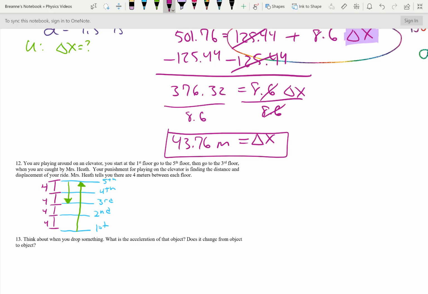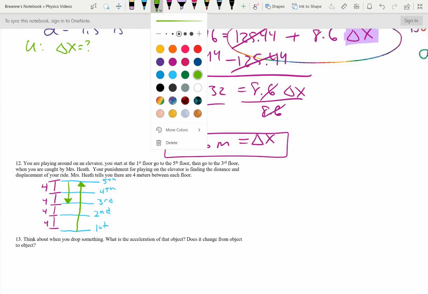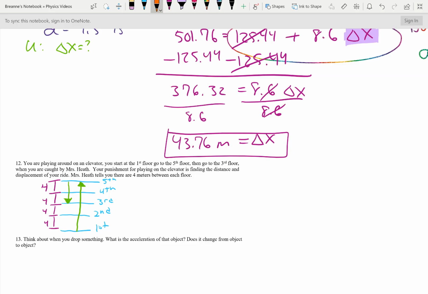So as you go up, how many did you cross? So I went up 1, 2, 3, 4. You went up 4. So 4 times 4 gives you 16.